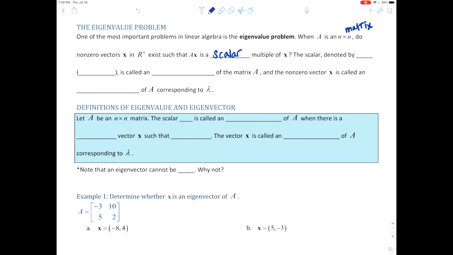The scalar, denoted by lambda, is called an eigenvalue of the matrix A, and the non-zero vector x is called an eigenvector of A corresponding to lambda.